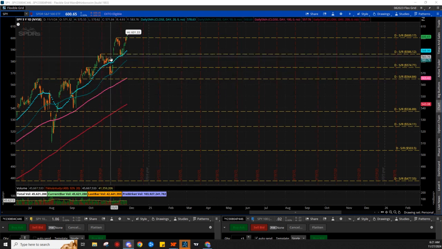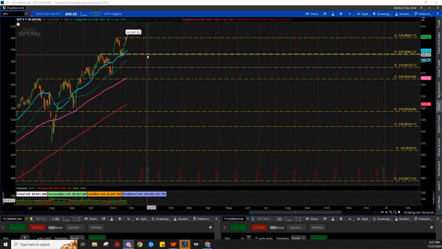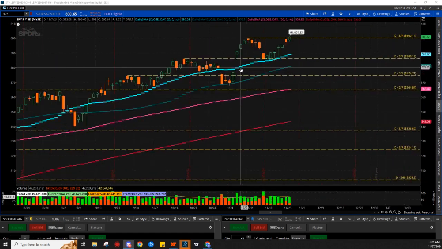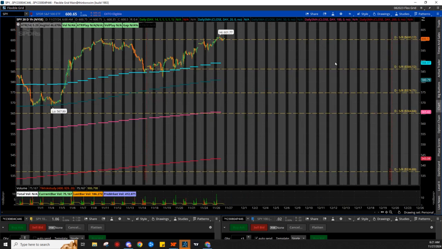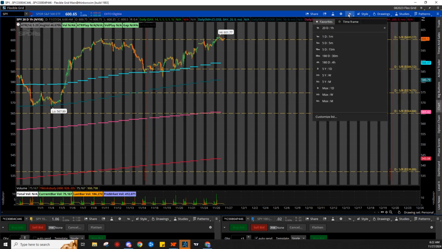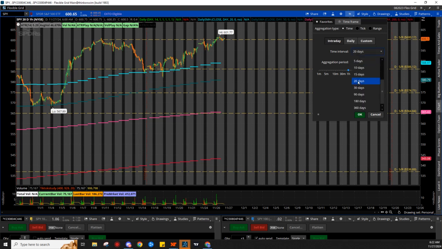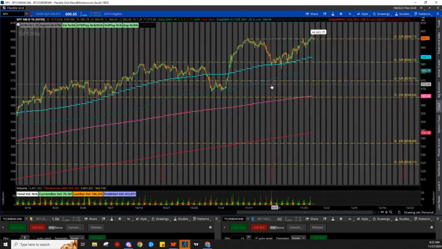There's a gap here that will need to be filled eventually. So what I do need to put in here is a gap start area. But we'll do that on the 1 hour time frame, just to make sure we get that in there. Alright, where's that gap at?